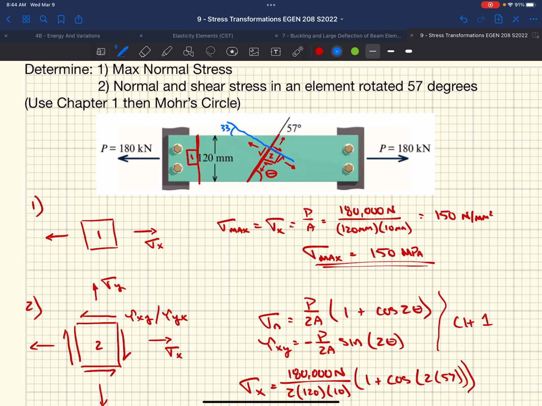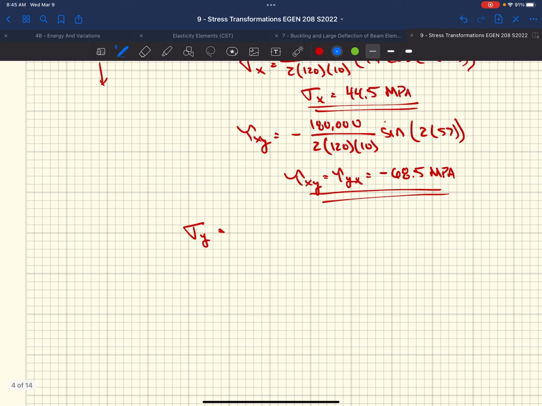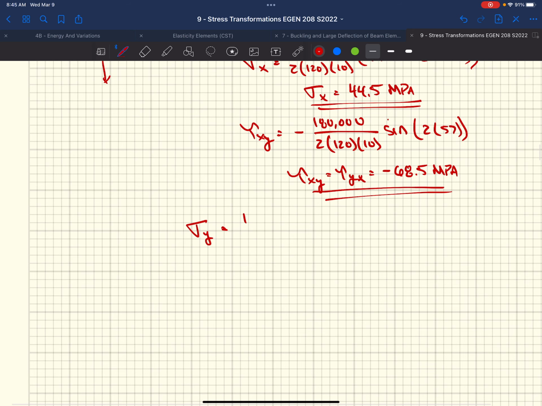It rotated 33 degrees with respect to horizontal. So now we can do sigma y using the same equation: 180,000 divided by 2 times 120 times 10 times 1 plus the cosine of 2 theta.